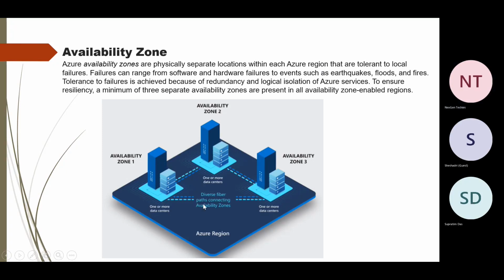Connectivity between the availability zones is through fast fiber networks, meaning the network latency is very low and the network connectivity is very good. So this is just a look and feel of how availability zones look within the Azure region.